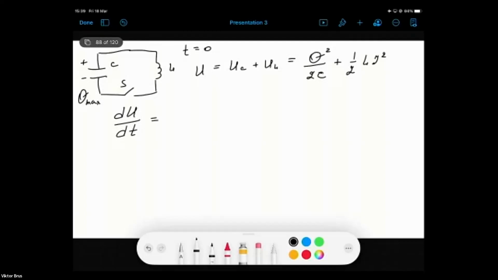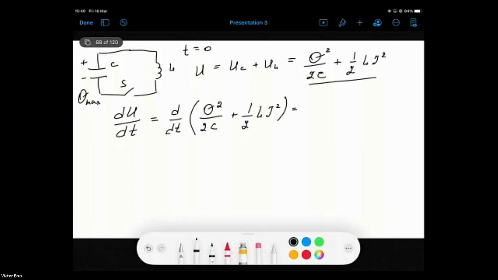And here we get the derivative of this function, which describes total energy, which we just have written here, plus 1/2 L times I squared.